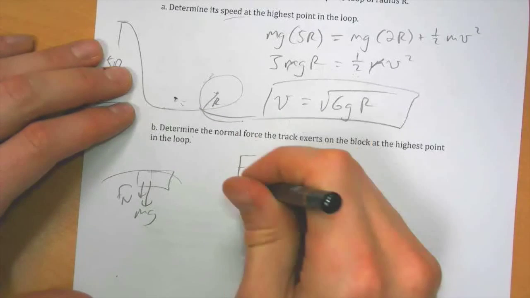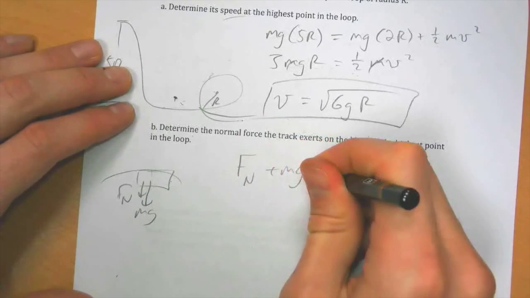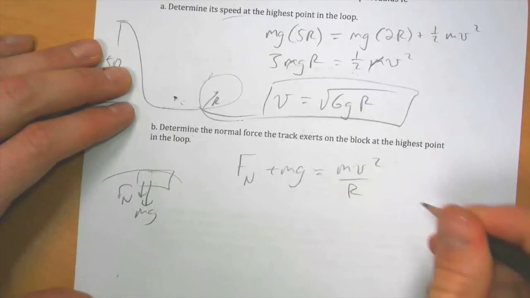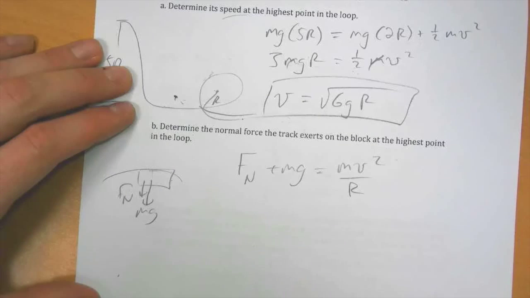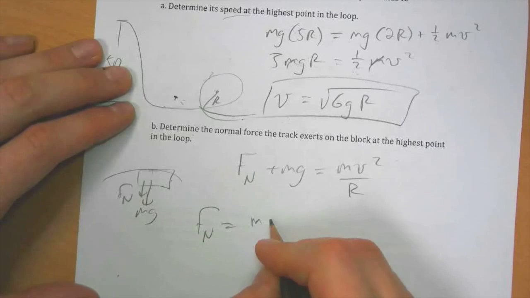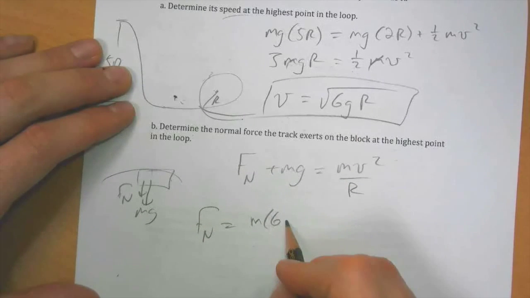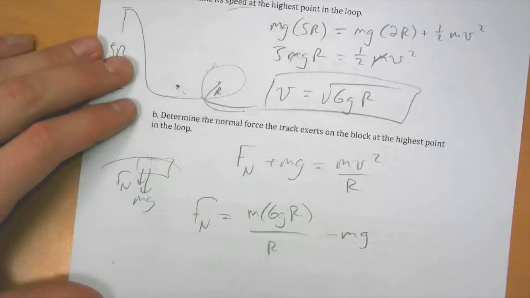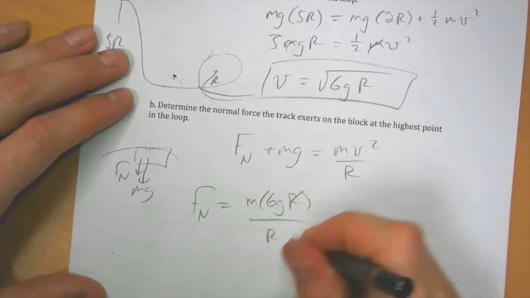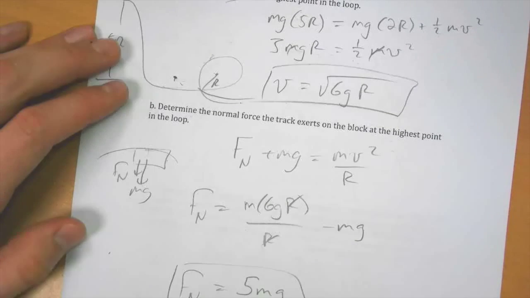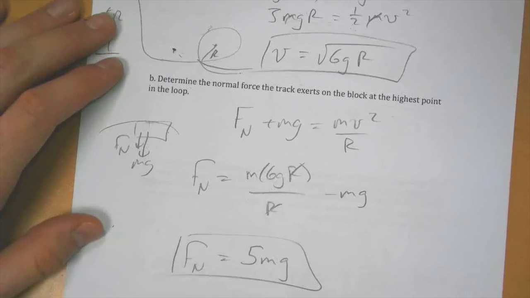So writing Newton's second law, we'd have normal force plus mg equals mv squared over r, the radius that was given to us. So normal force is equal to m times 6gr over r, minus mg. We notice r cancels out, so we have 6mg minus mg, so the normal force in this case would be equal to 5 times the block's weight.